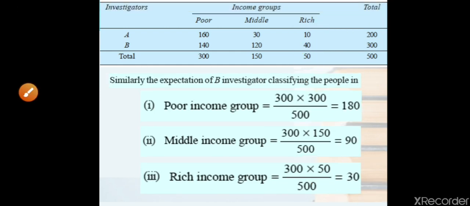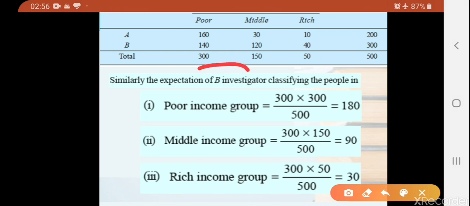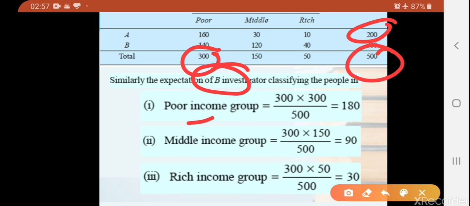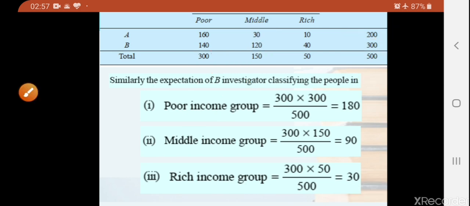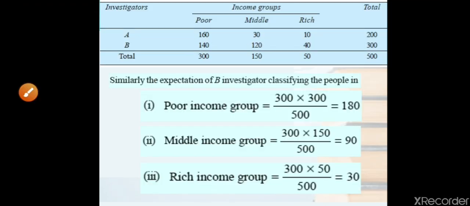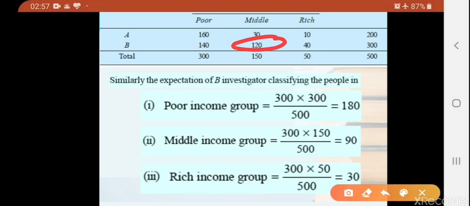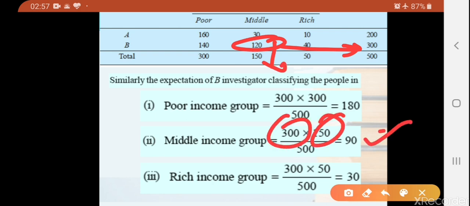Similarly, we will find it for investigator B. For investigator B, again for the poor income group, this is 300 and 200, and the grand total is 500. Similarly for middle, corresponding to 120 we will see here 300, here it is 150, 300, 150 and 90.